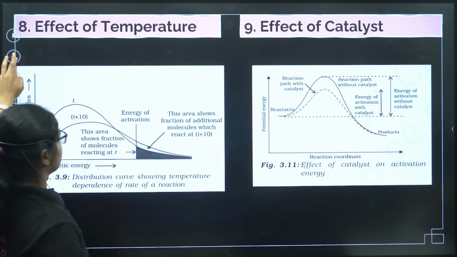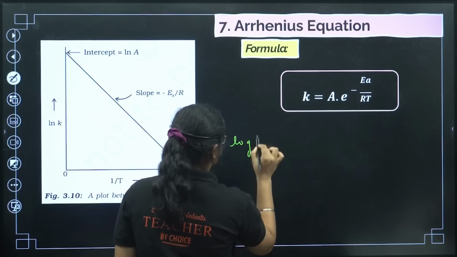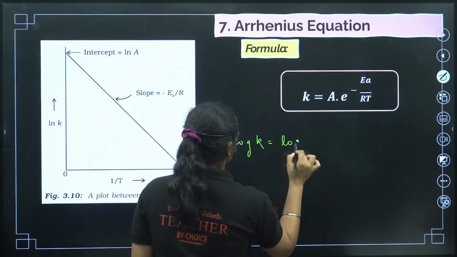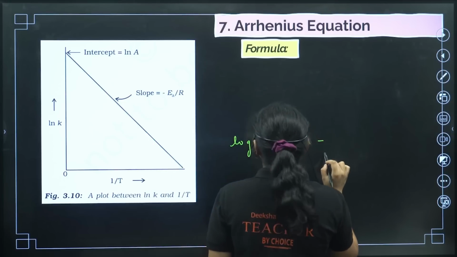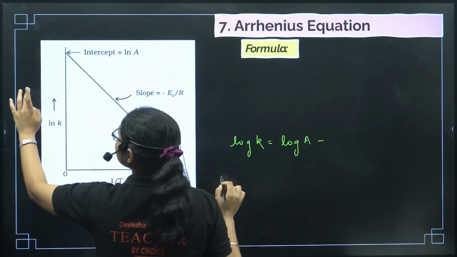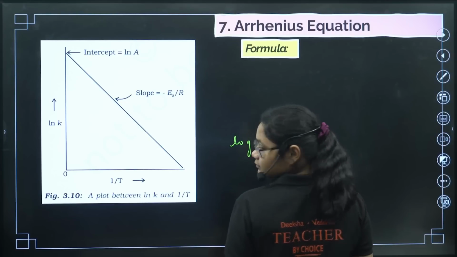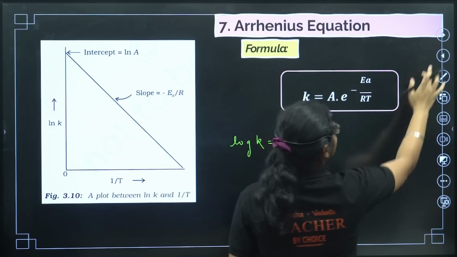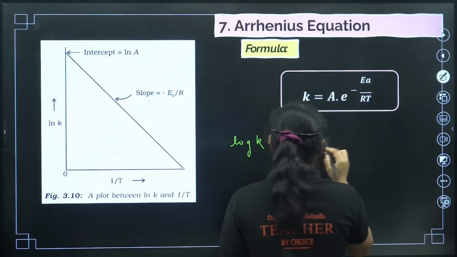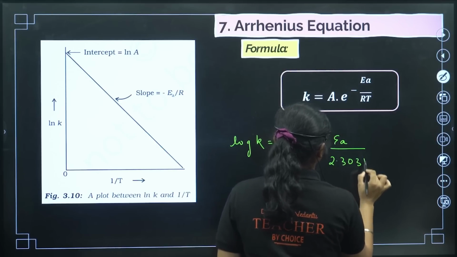Okay, one more formula I will add here. If I take it in terms of log, I will get log k is equal to log A minus Ea by 2.303 RT.